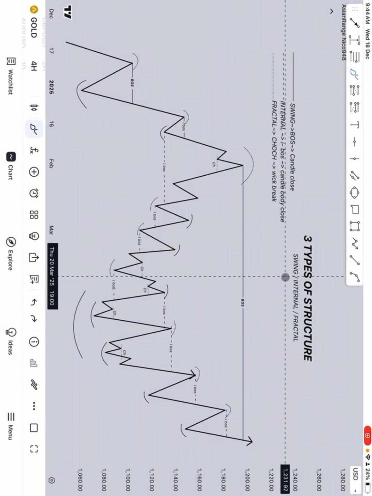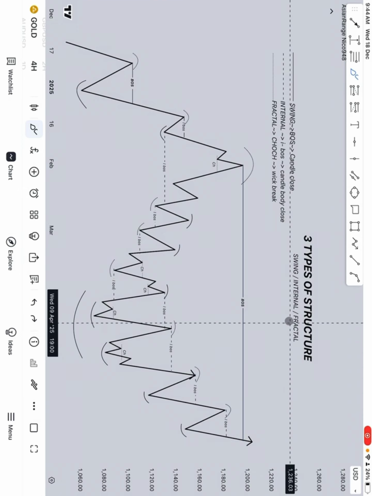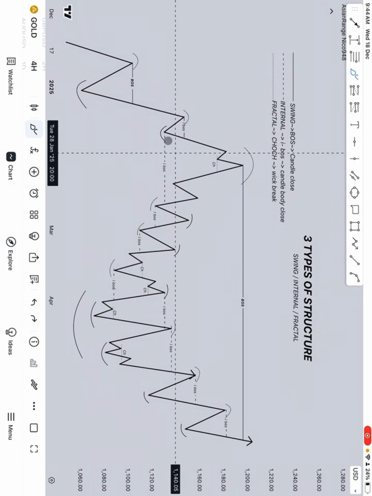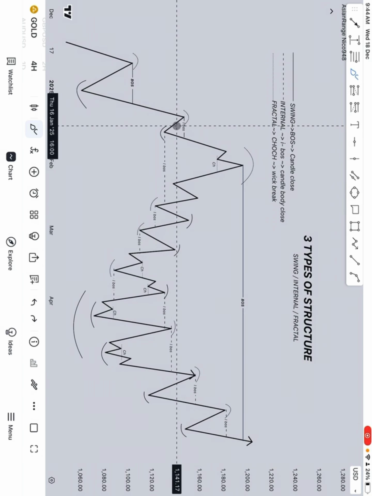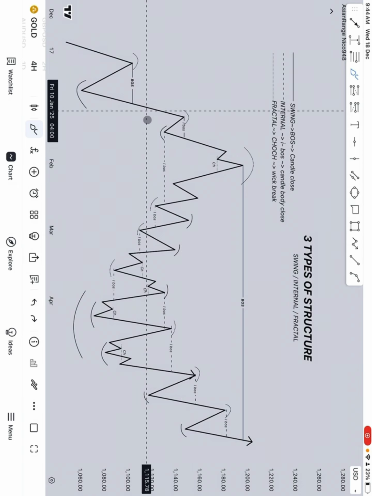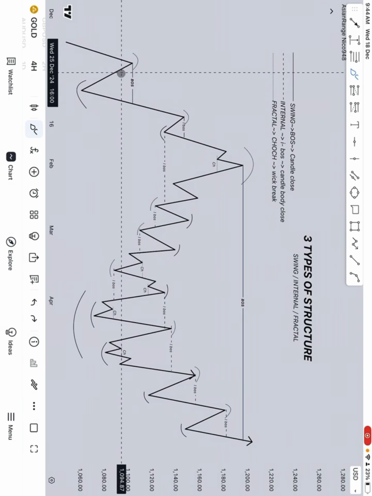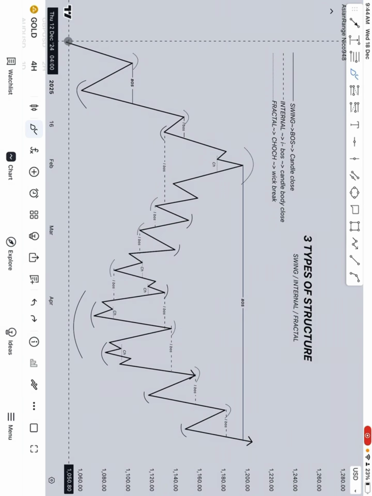So the first thing we need to remember is how you identify your internal structure. You can see this is an internal structure here, which is made of I-BOS, meaning internal break of structure. This retracement in price is not as big as a swing structure. Let's look, this is a swing structure here.